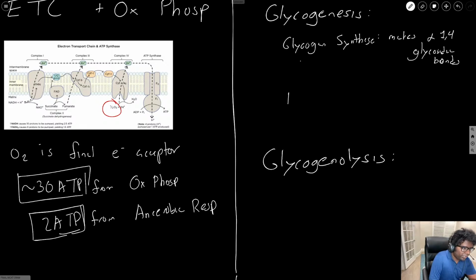And then the branching enzyme creates alpha 1,6 glycosidic bonds.